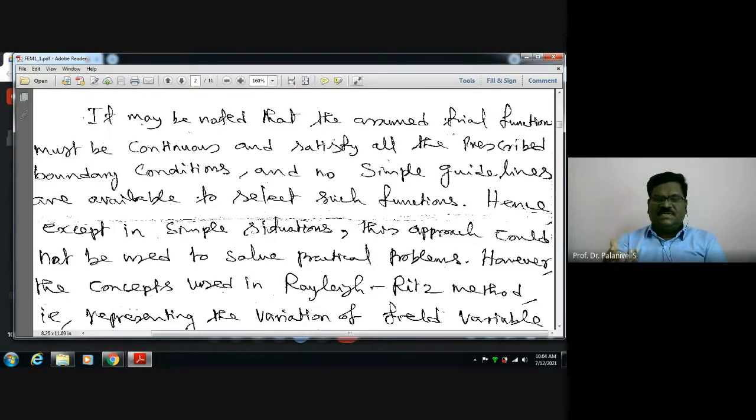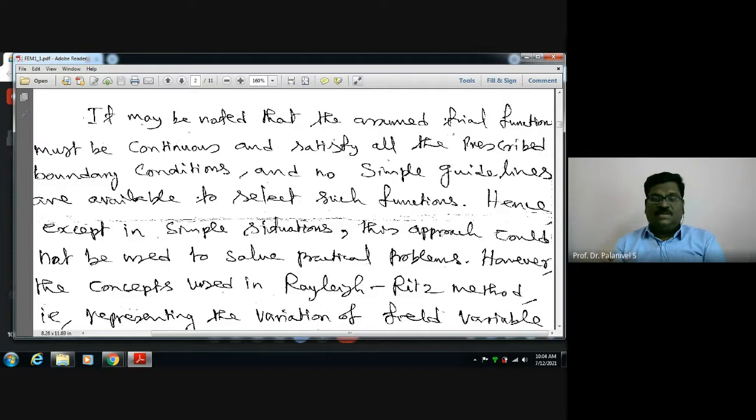But even with the single-term approximation, you have seen the difficulties involved in the derivation. And moreover, it was time consuming. That's why just understanding the concept is important. But keep it in mind, if you go for more terms of the trial function, your approximate solution will be accurate.